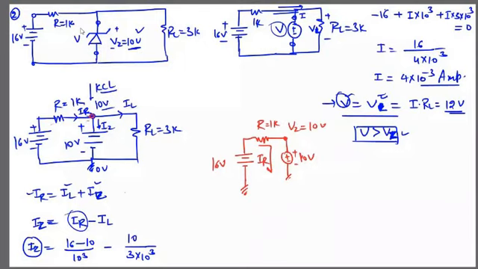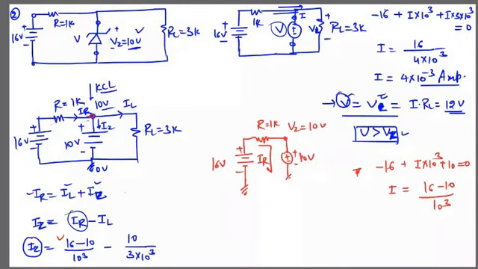So here minus 16 plus I into 10 to the power 3 plus 10 equals 0. What will be the value of I? That is I equals 16 minus 10 upon 10 raised to the power 3. Whatever I have written here. Understood?